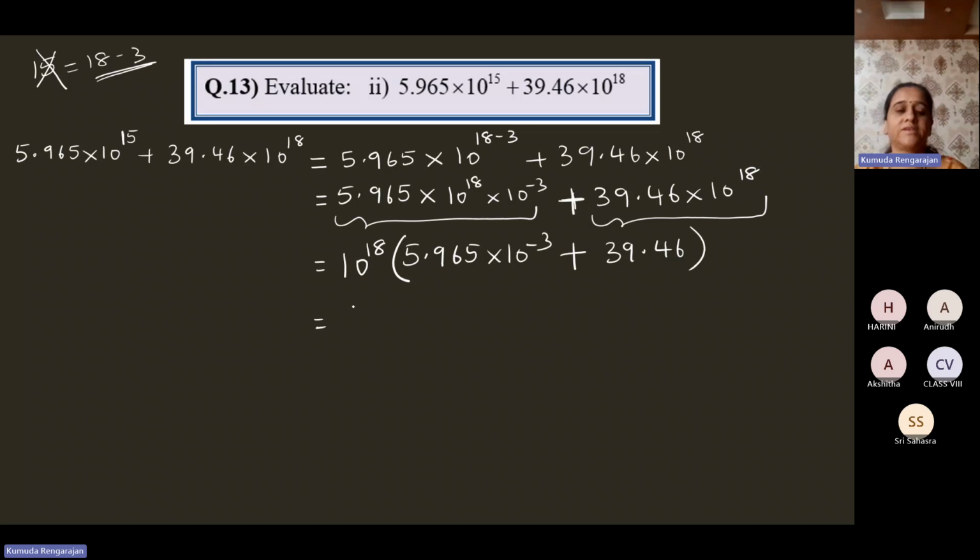Okay, next step. Write this as it is. 5.965 into what is 10 to the power minus 3? 1 by 10 cube. Yes or no? Yes, ma'am. Plus, write the others as they are.